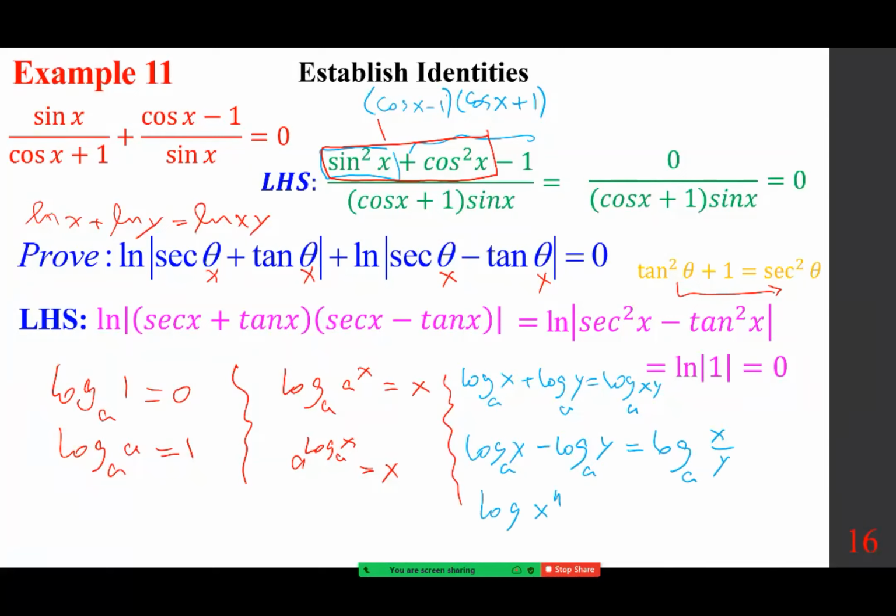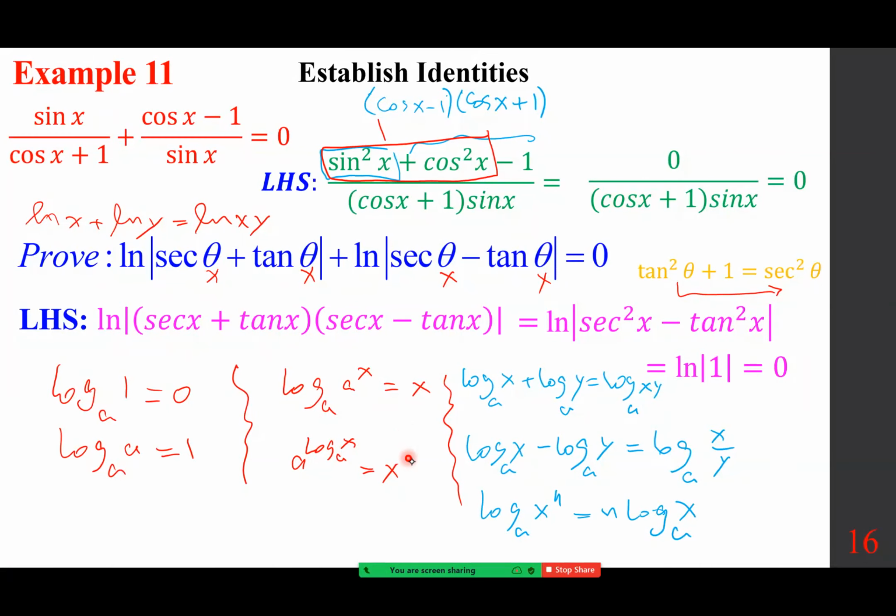Log x to the power of n base a is n log x base a. So I'm reminding you of important properties. A log of 1 is always 0 because a to the power of 0 is 1. Log of a is a when the base and the argument are the same because a to the power of 1 is a. And these two establish the fact that there is a relationship between exponential functions and logarithmic functions.